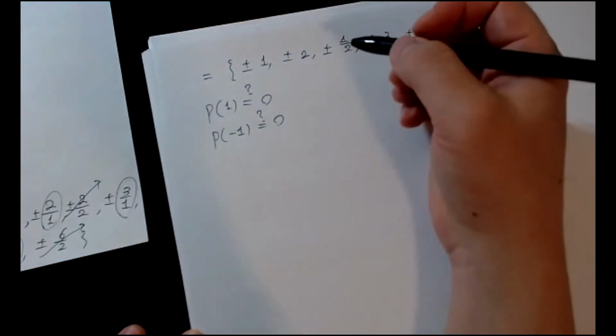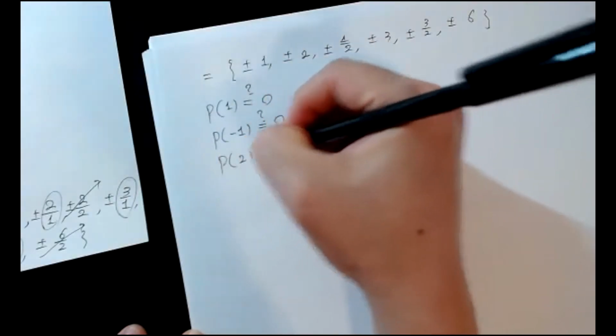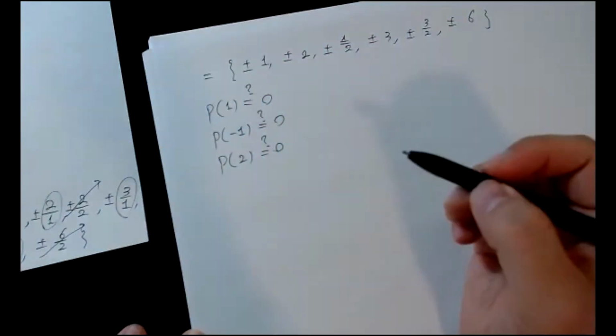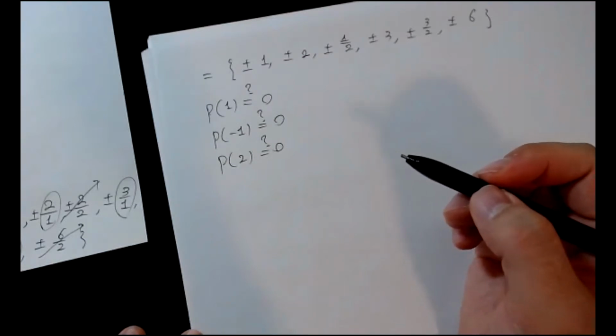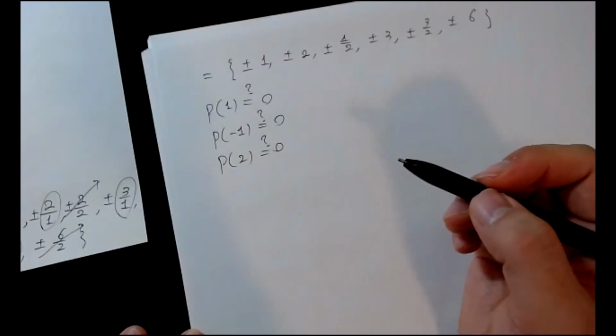To check whether P of 2 equals 0, we have to use the calculator.